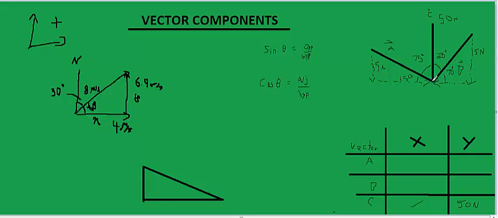Now when we apply our SOHCAHTOA, because we know the magnitude of these, 35 newtons and 15 newtons, we can do our SOHCAHTOA. So right here for the vertical, we're going to do sine 15 degrees times our hypotenuse, 35 newtons. So type that into our calculators. Sine 15 times 35. And that gives us a vertical component of 9.05.